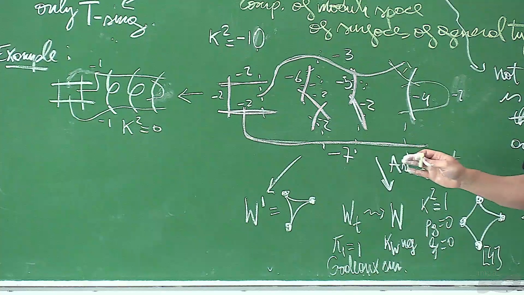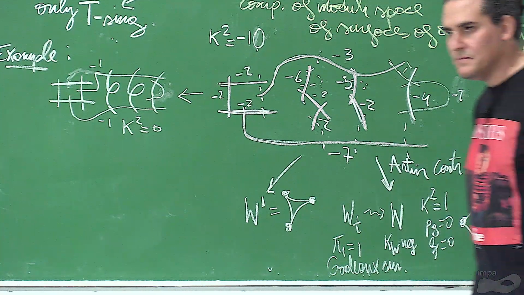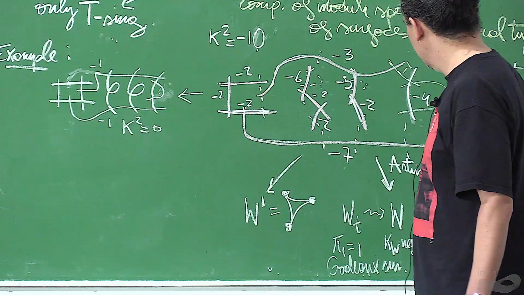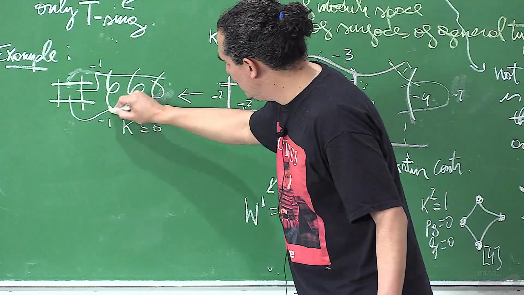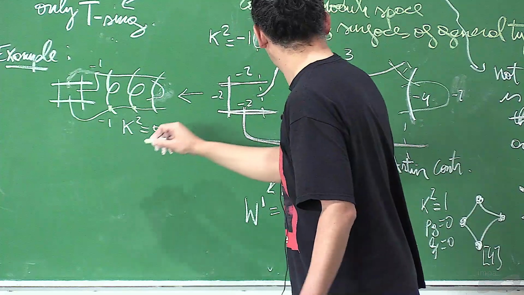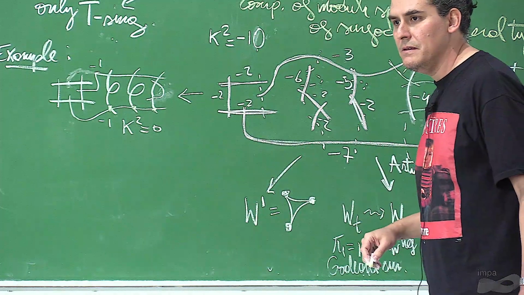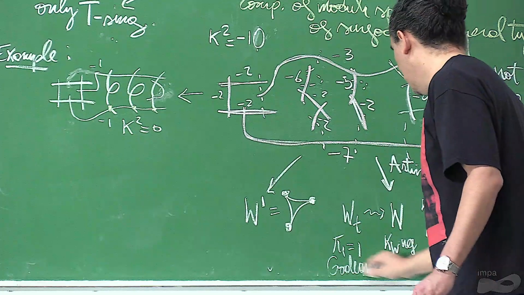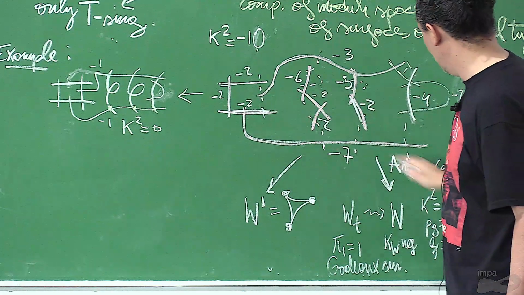So it's very easy to compute. This has to be negative. Yes? Just to understand, you have a -7 because you are blowing up several times on the 3 points? Yes, so here 3 times, here 2 times, and here once. Why do you have a K squared equal to 1? It's because there is a formula, so this is the minimal resolution of that.